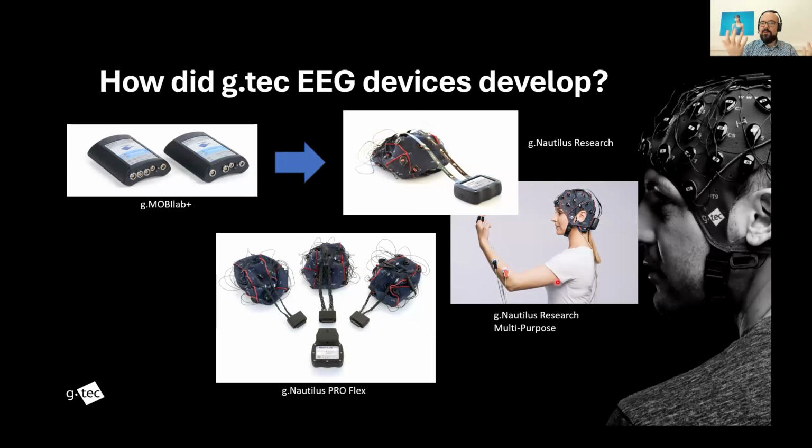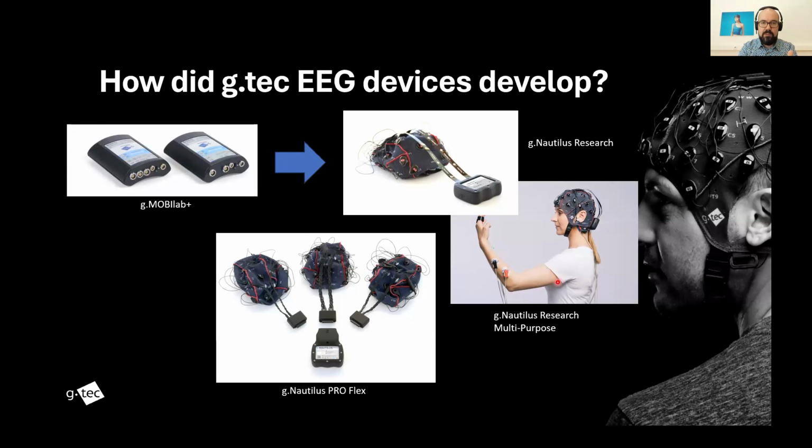Then, because people are not using only EEG for recording in their labs, they have the need to add sensors, to add EMG, to add ECG. We developed g.Nautilus research multi-purpose. The only big difference is that you have connectors, so you can disconnect one EEG electrode, and with a 1.5 touch-proof connector, you can input sensors and other kinds of electrodes for EMG and ECG.